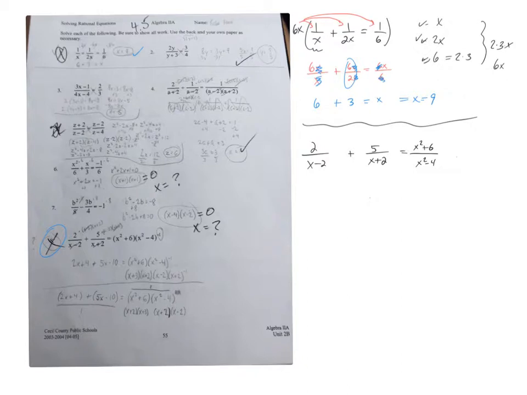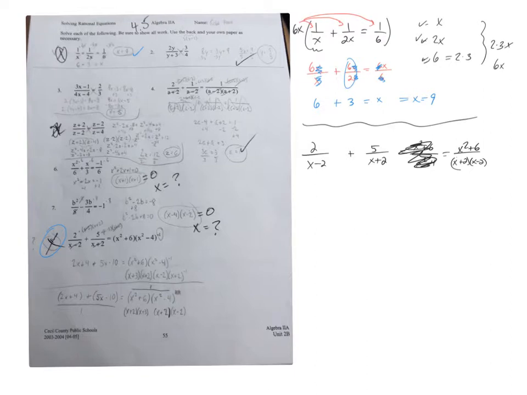Now we can see that this denominator, this x squared minus 4, is really x plus 2 and x minus 2. And of course we've got x squared plus 6 up in the top. So let's take each term, and if we forget about this now that we have it factored there, we find the LCD of all three terms.